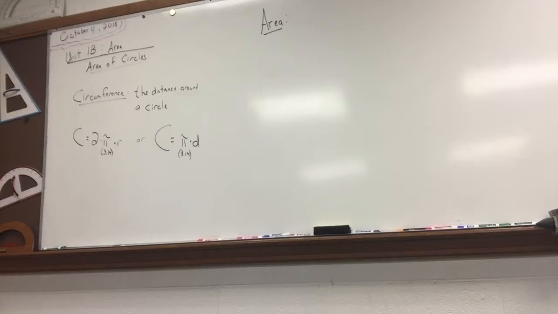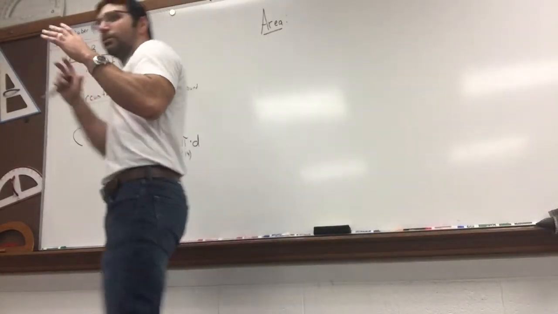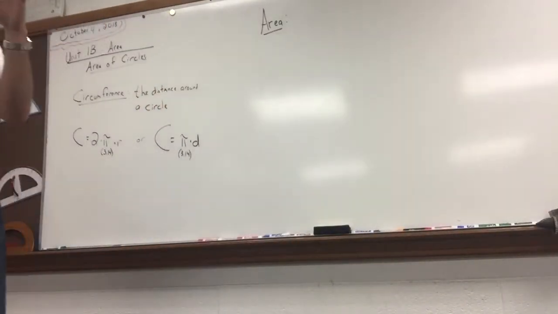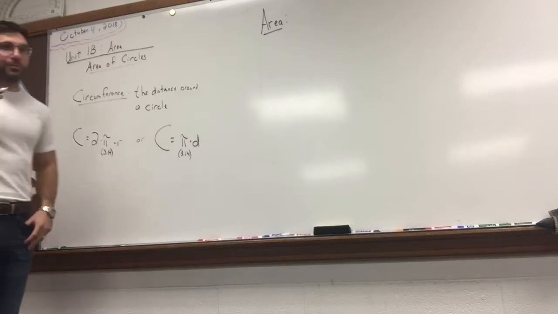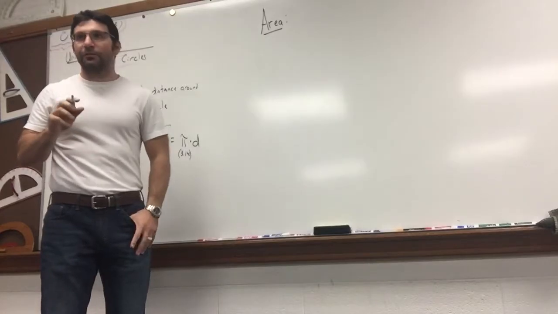Okay. The inside of the circle in square units. So a circle is tough because we can't just multiply height times base because it's a circle. Like there is no height, there is no base. So there is only one formula for the area.